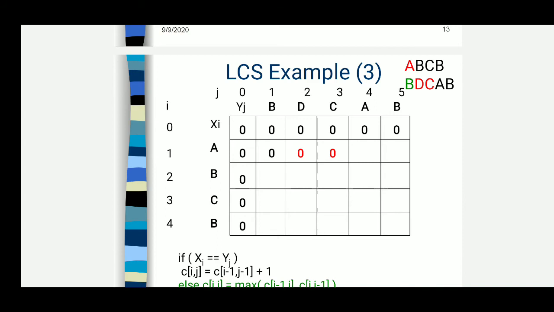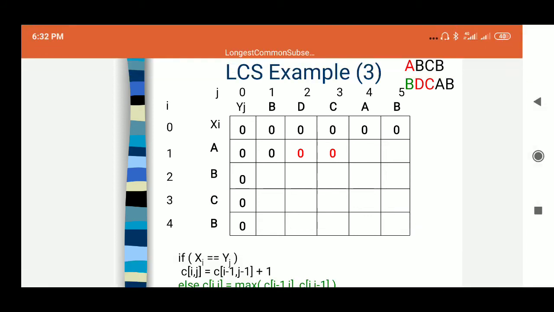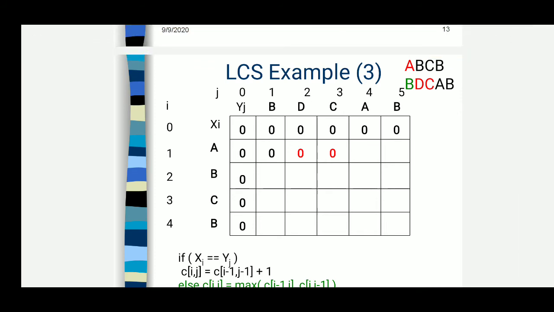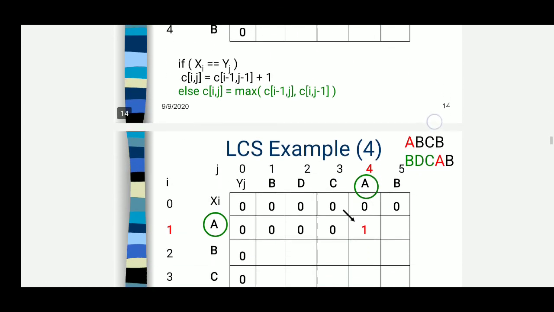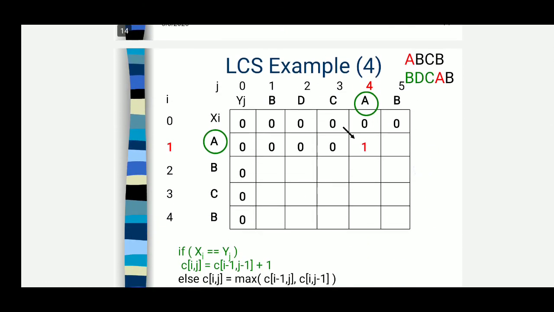So the previously computed LCS value without those characters is taken into the computation of the LCS of this value, and we will just add 1 because there is one more occurrence where similarity is encountered. So here we will put 1 from the diagonal value. 0 plus 1 is 1.